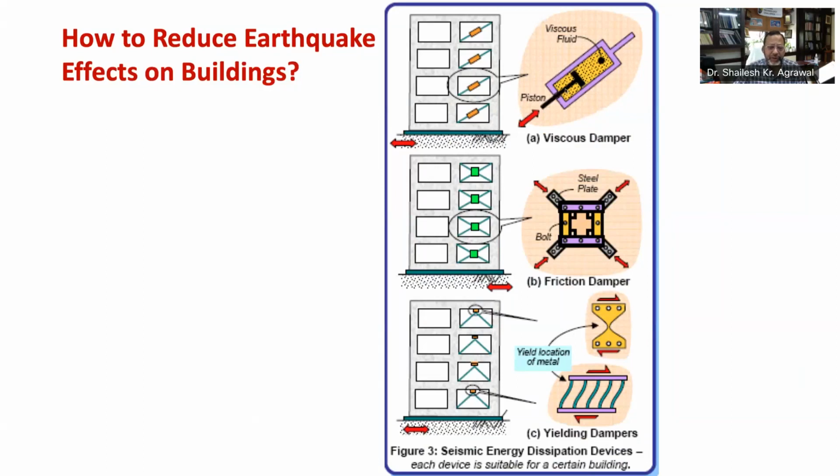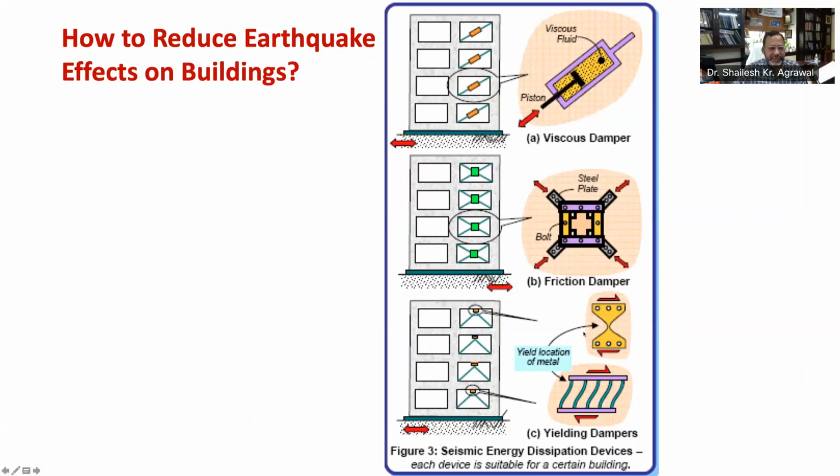Commonly used types of dampers include viscous dampers as shown in this figure 3a. Here, energy is absorbed by silicon-based viscous fluid passing between piston cylinder arrangement. Figure 3b shows you friction dampers where energy is absorbed by surfaces with friction between them rubbing against each other.